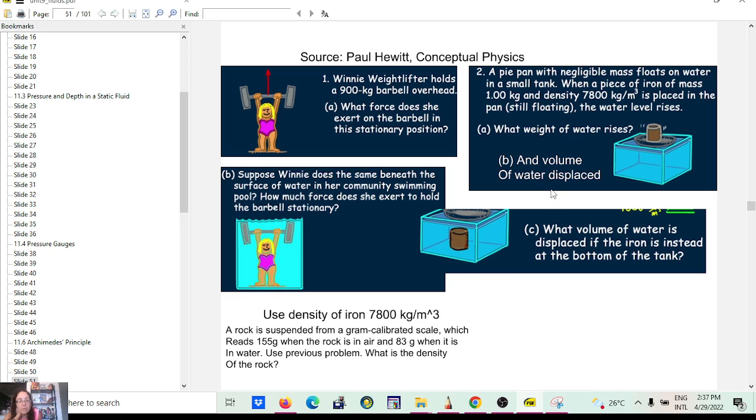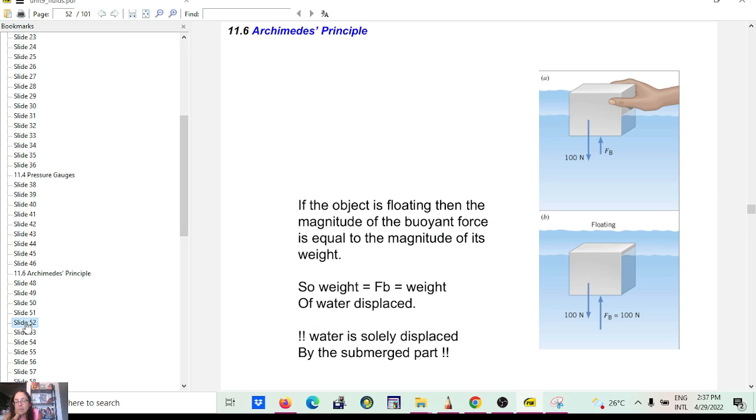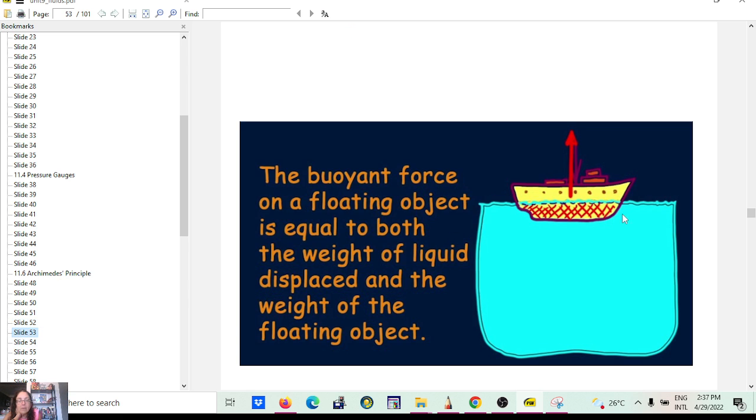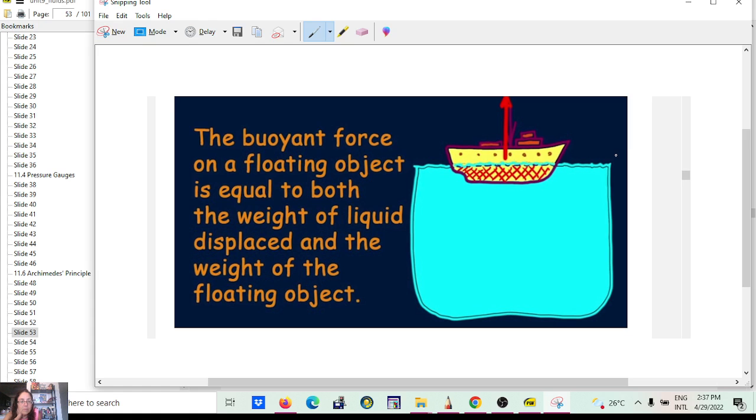Okay, so number 2, it's another problem. It's building up on the fact that when something floats, the buoyant force that you have depends only on the water displaced.